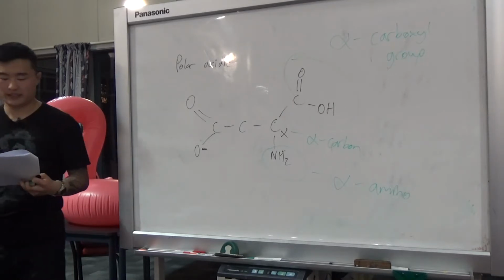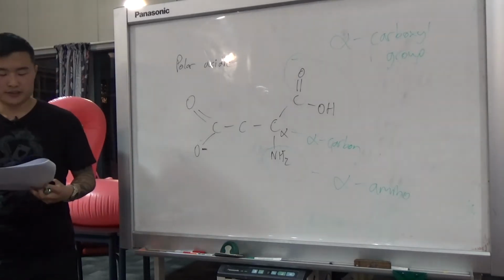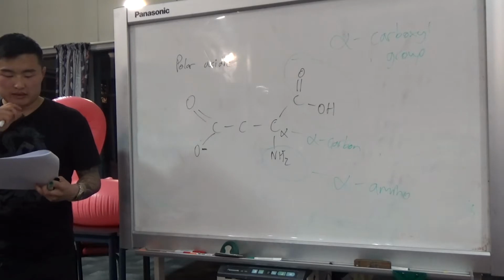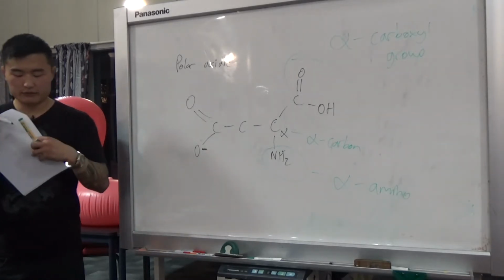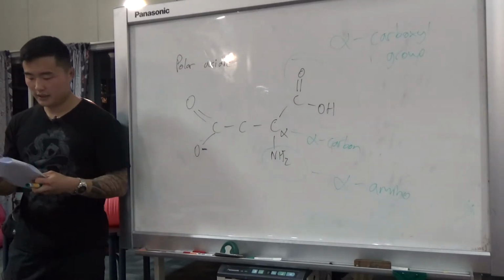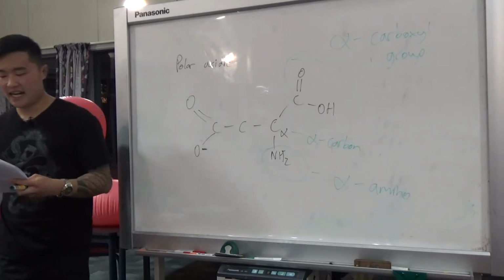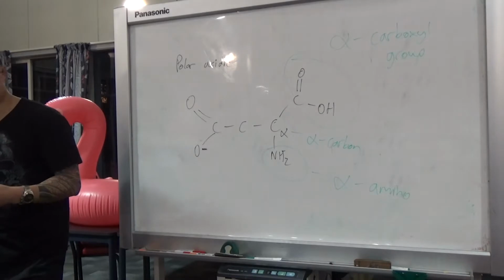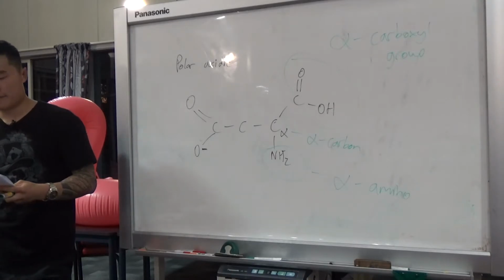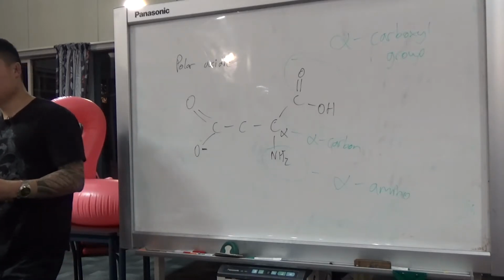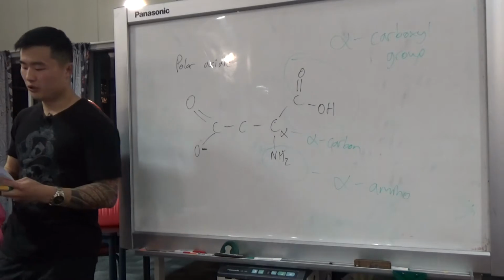And so it's going to be negatively charged. So I'll answer question 1 first. It's a polar acidic and it's negatively charged. It's most likely found on the surface of the protein since it's hydrophilic. But it's still possible to find it in a hydrophobic core.